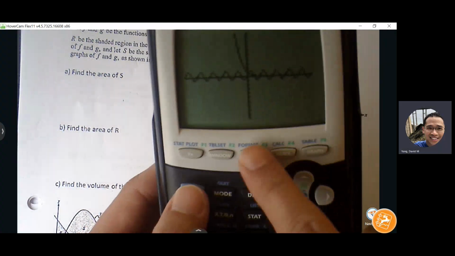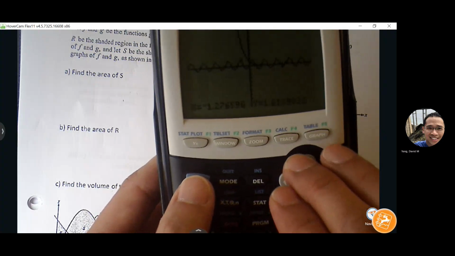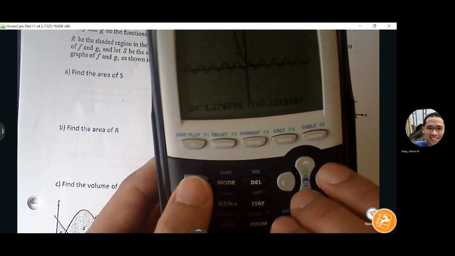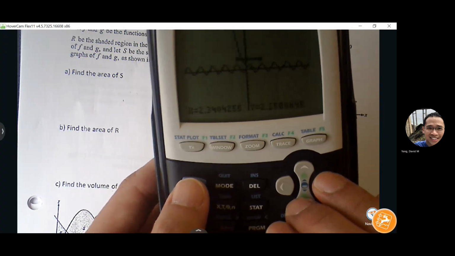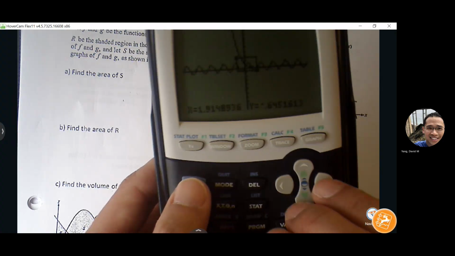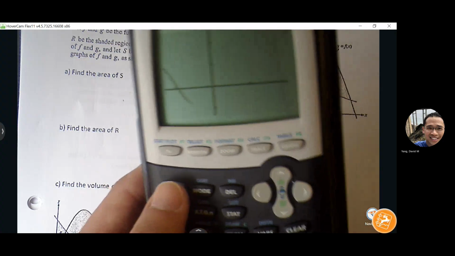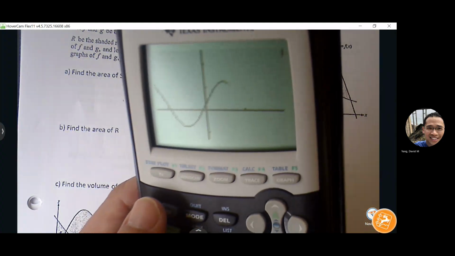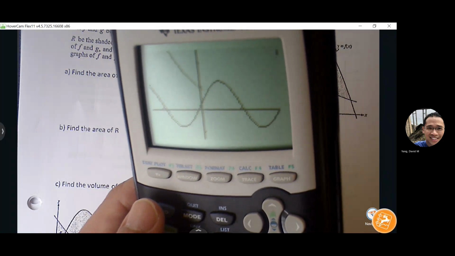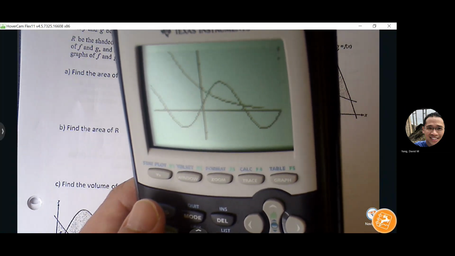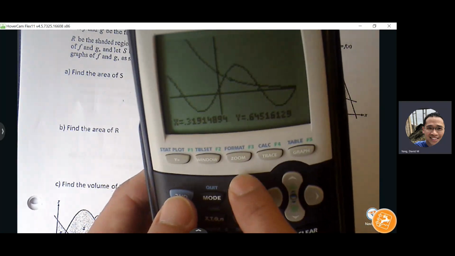So I'm gonna do zoom box. If you want to zoom in even further, you're welcome to do that.